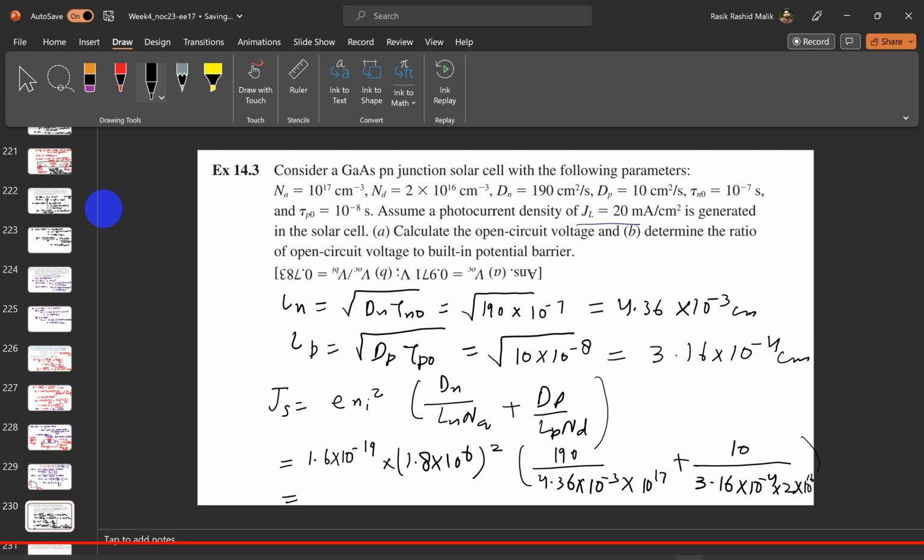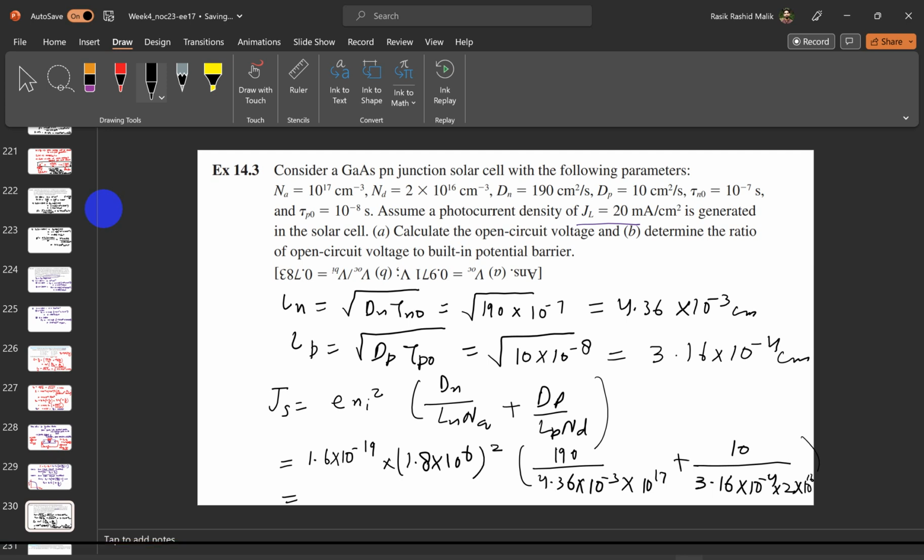The value is coming out to be 1.046 into 10 to the power minus 18 ampere per centimeter square.